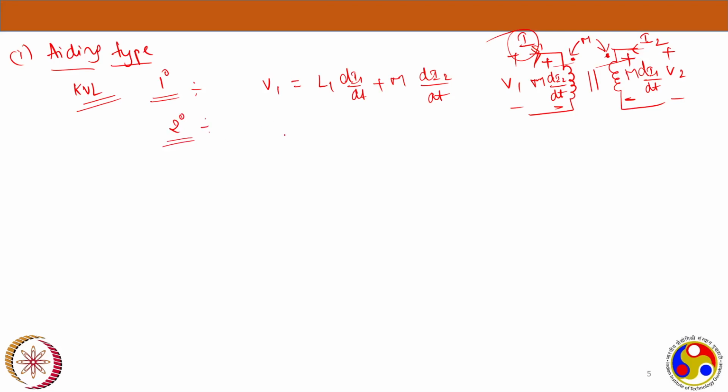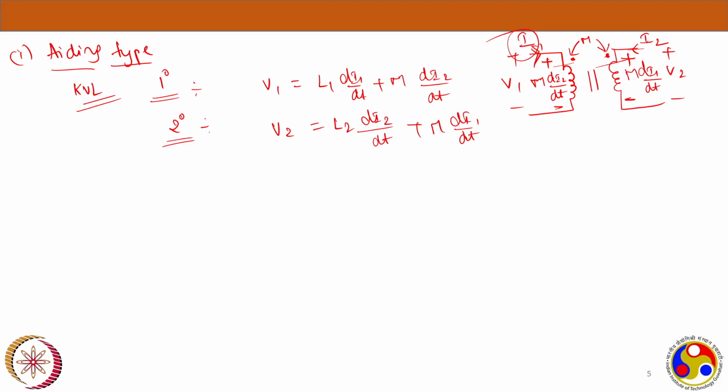Now the secondary coil voltage equation: KVL gives V2 equals L2 dI2 by dt plus M dI1 by dt, right? If you see both equations, self-induced as well as mutually induced voltages have the same polarity. Therefore, it is an example of magnetic coupling of aiding type.